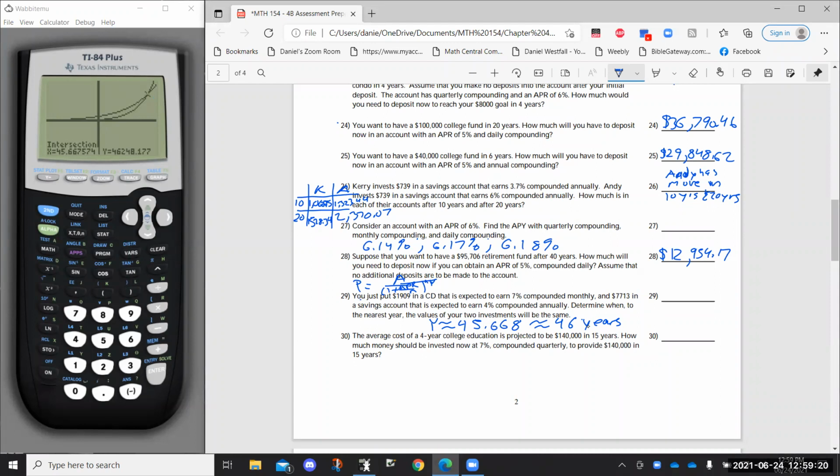The average cost of a 4-year college education is projected to be $140,000 in 15 years. How much money should be invested now at 7%, compounded quarterly to provide this? So again, this is a P equals A over 1 plus APR over N to the NY situation.